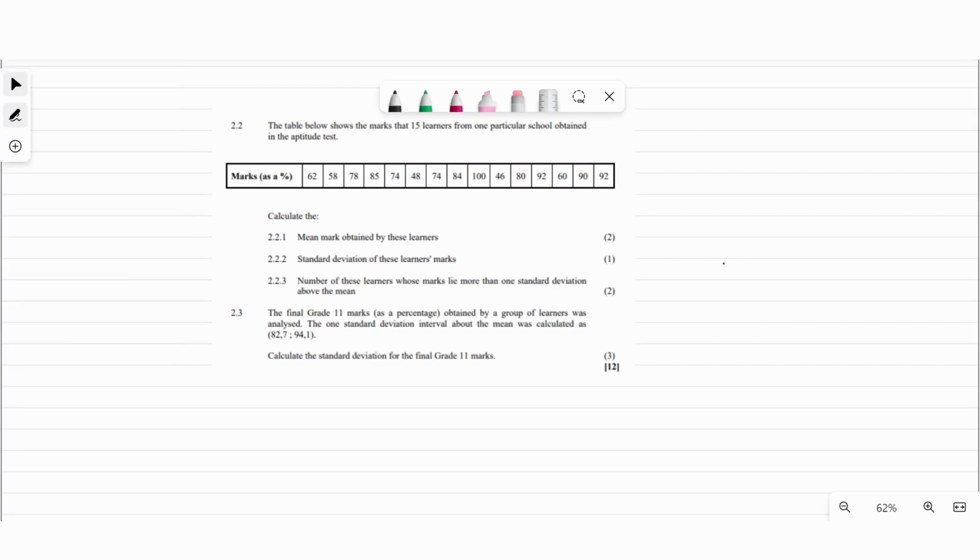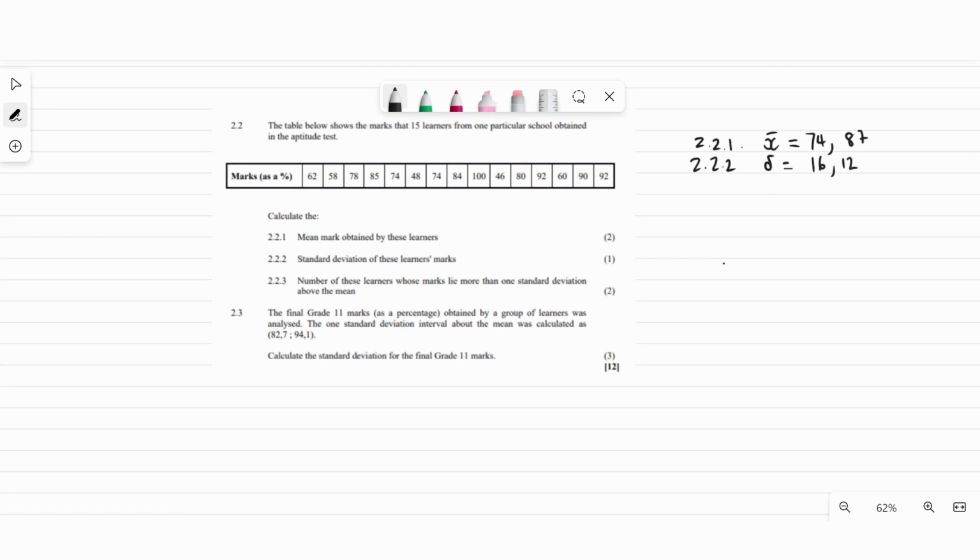So for 2.2.1, your mean, which is x bar, is equal to 74.87. Then for 2.2.2, the standard deviation is equal to 16.12.